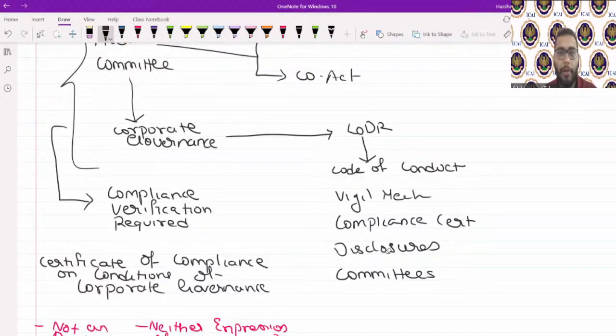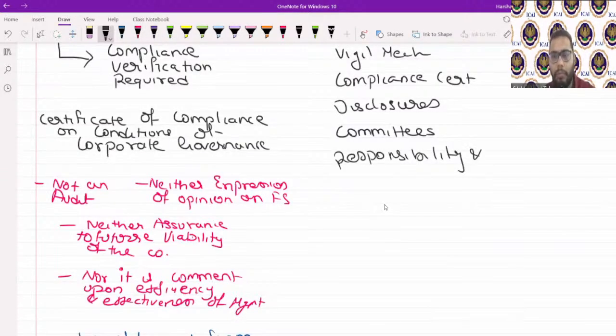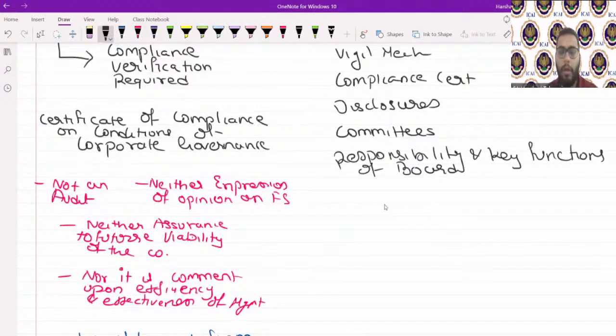Responsibility and key functions of the board, its composition and disclosures, code of conduct and vigil mechanism that we already mentioned above.